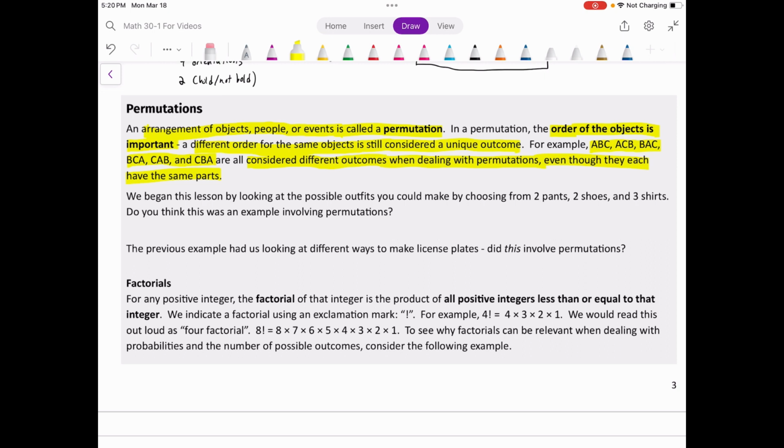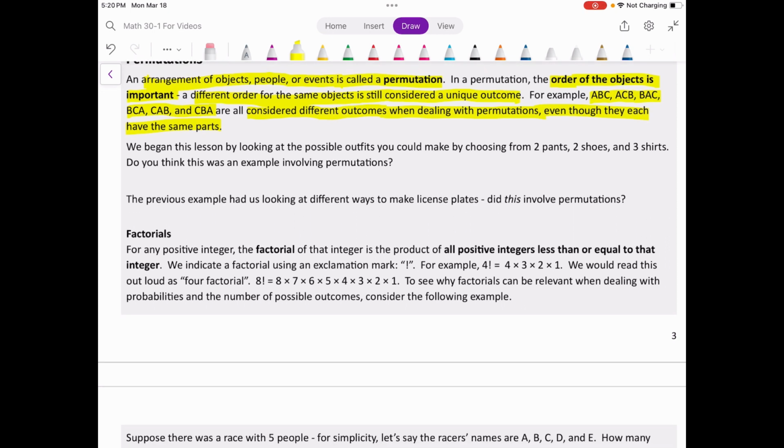Okay, so let's get our bearings here. We began this lesson by looking at the possible outfits you could make by choosing from 2 pants, 2 shoes, and 3 shirts. So what do you think? Does this seem like an example that involves permutations? Does order matter here? Does the order that we choose things matter? I'll give you a second to think about it.